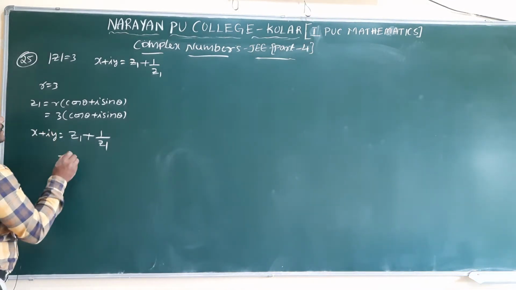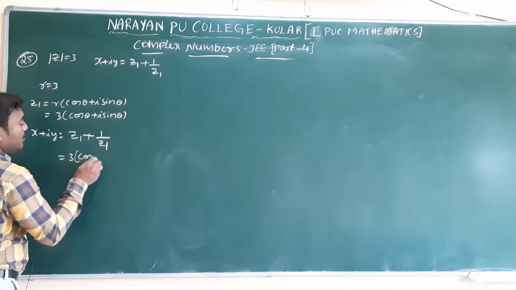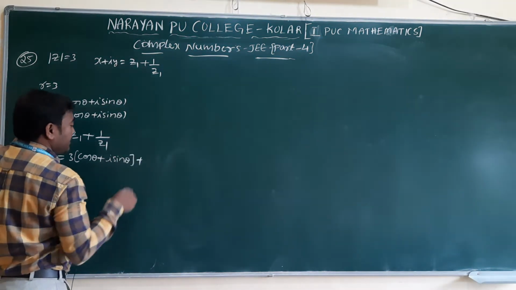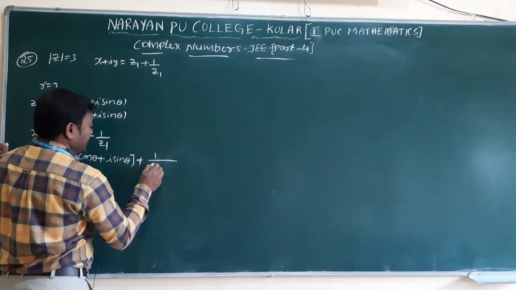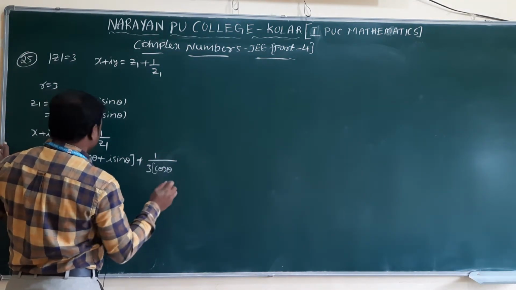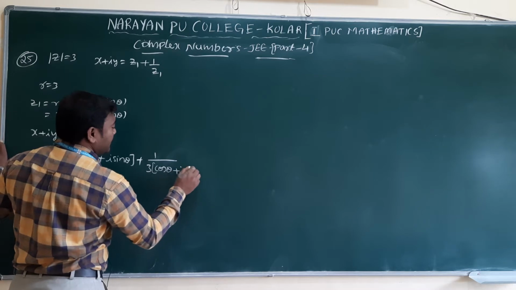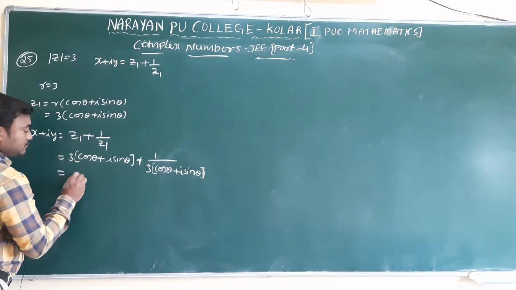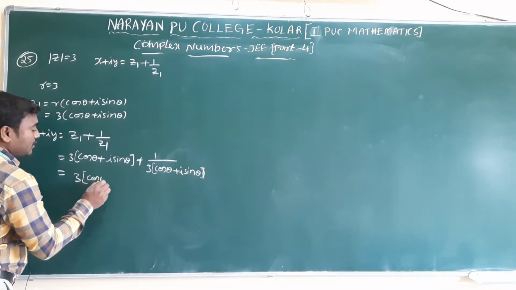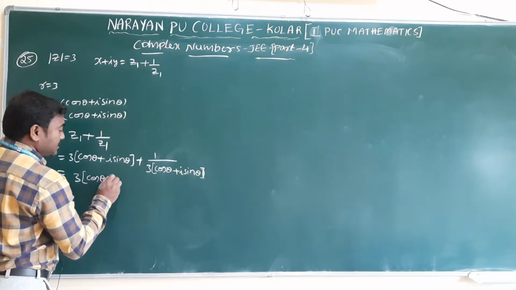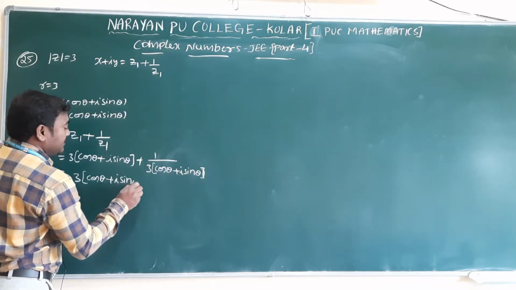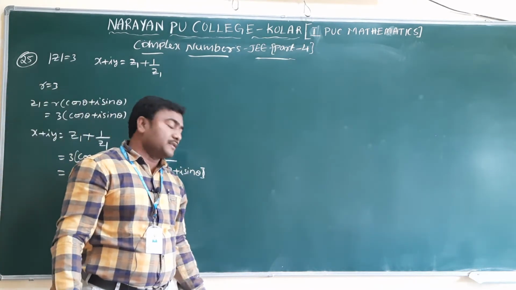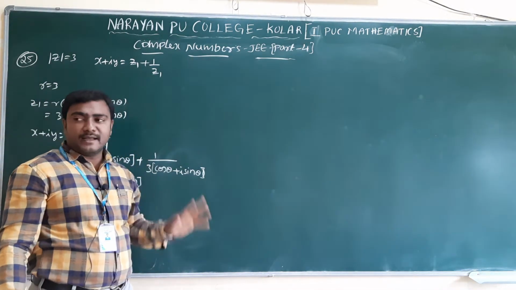What is z1? 3 into cos theta plus i sin theta, plus 1 divided by 3 into cos theta plus i sin theta. Already we know that 1 by cos theta plus i sin theta is equal to cos theta minus i sin theta.